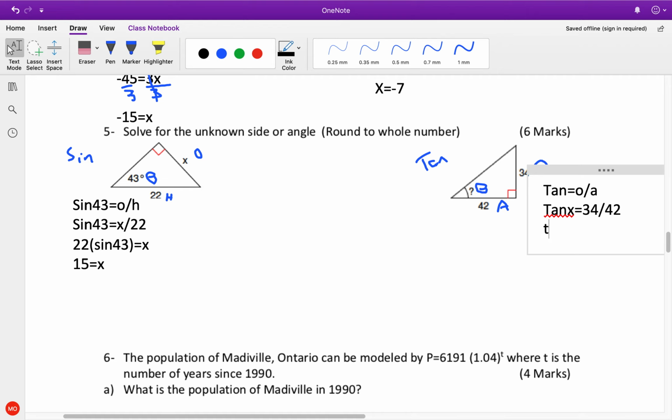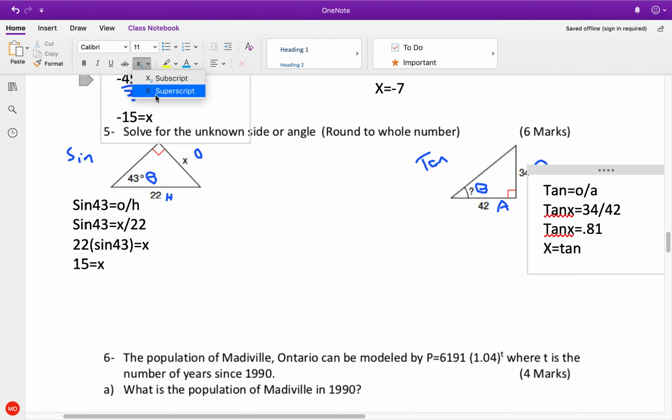Then I need to get rid of the tan, so it's going to be x equals tan to the power of -1, 0.81, and that will equal 39. 39 is my answer there.